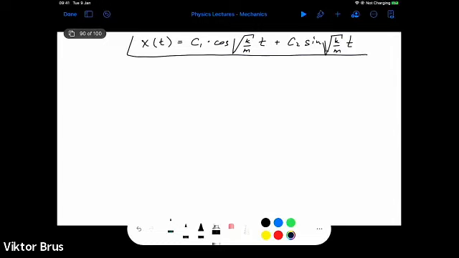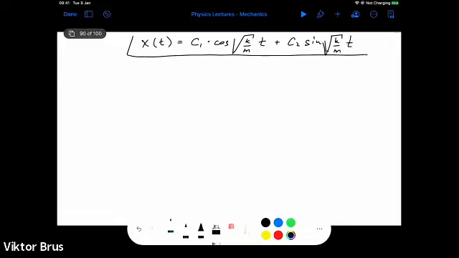So what we need is to define these constants, C1 and C2. And in order to do that, we need to define some boundary conditions. As you may remember from the previous discussion, I was drawing a spring with a block attached to it.